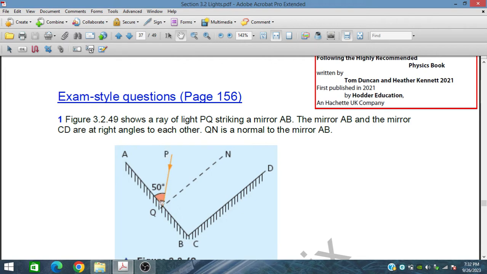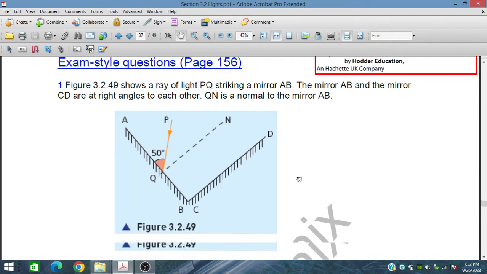This ray enters at a 50-degree angle to the mirror, and the angle of incidence therefore would be 40 degrees because this is a normal. QN is a normal to the mirror AB.